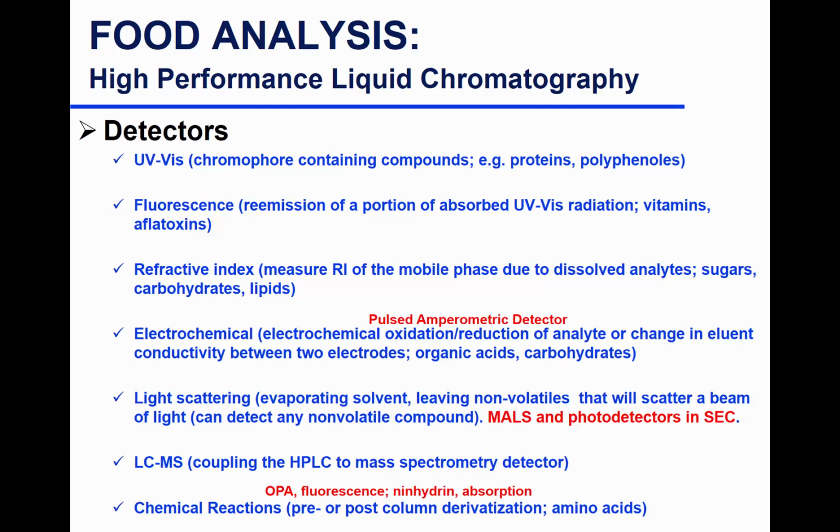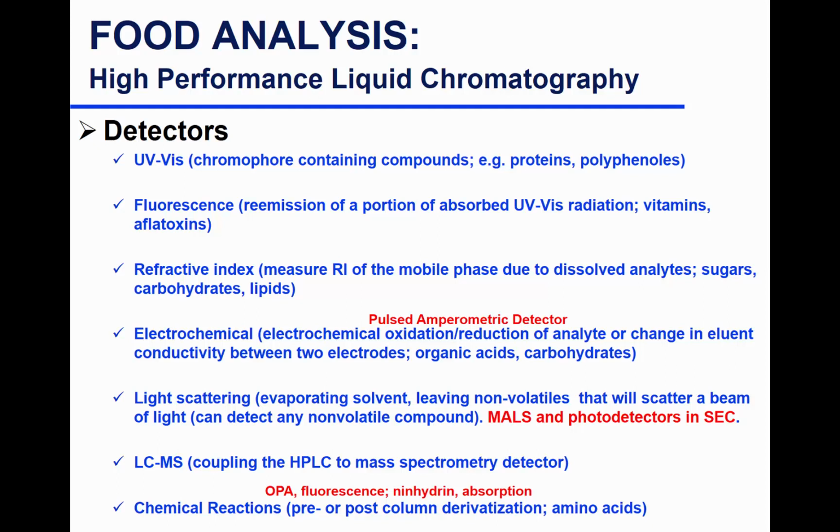If you have an isocratic mobile phase going through the detector, you always have a constant refractive index measurement. And then once a peak or a constituent comes out, there will be a change in the refractive index. That change is related to the concentration. The higher the change in the refractive index, the higher the concentration of that constituent.